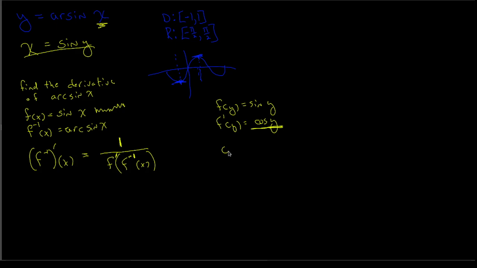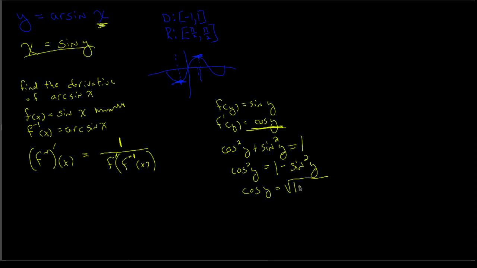In our Pythagorean theorem, cosine squared of y plus sine squared of y equals 1. So if I want to get cosine on one side, cosine squared of y equals 1 minus sine squared of y. Take the square root of both sides, and I get the square root of 1 minus sine squared of y.